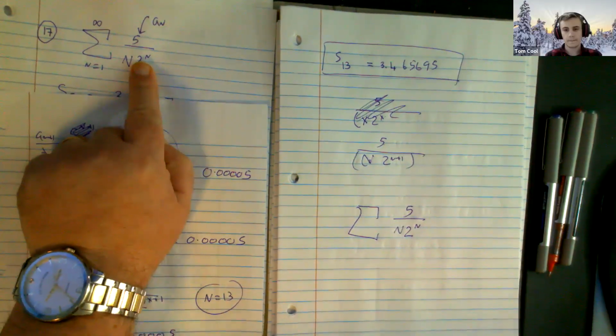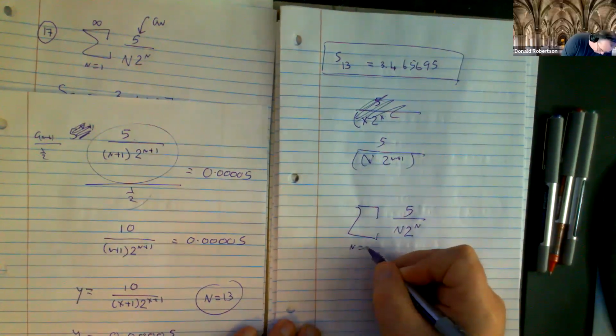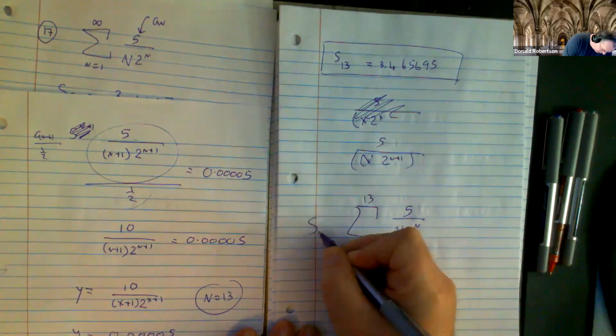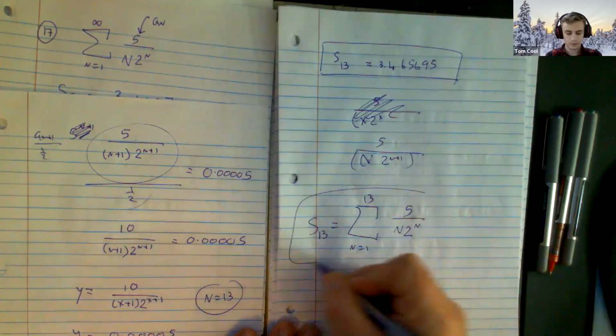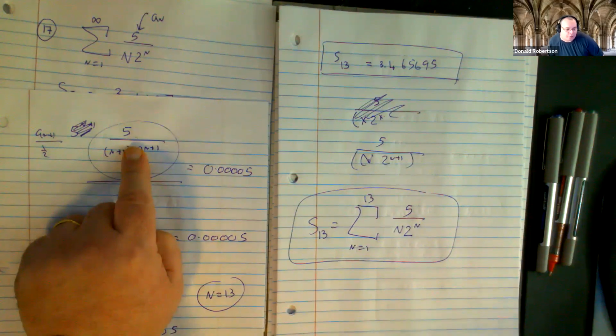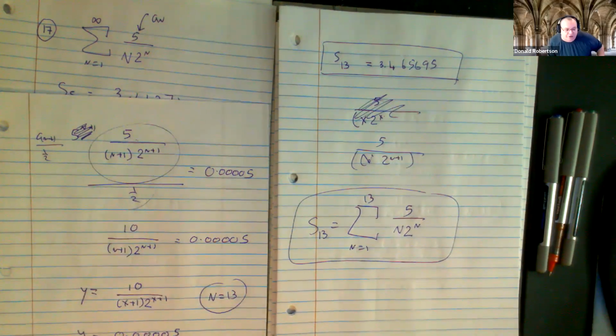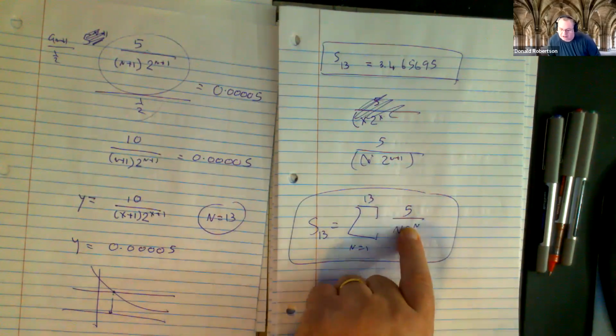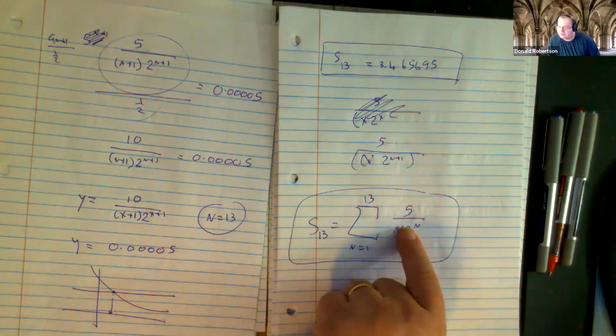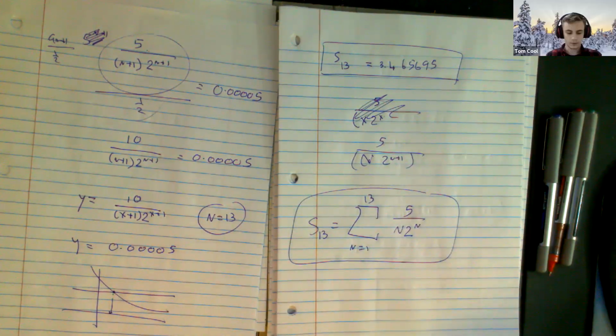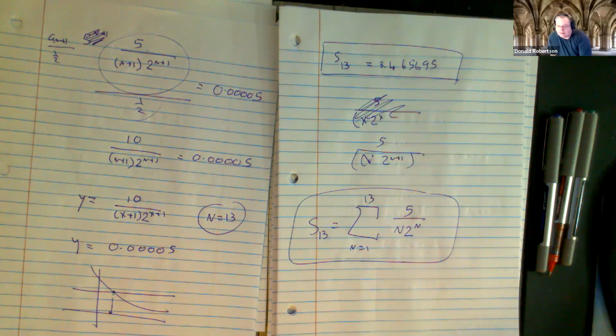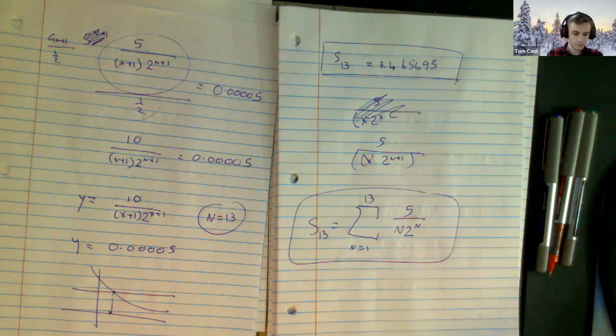That's the guy that you're going to do n equals 1 to 13 to get S of 13. You were using the n plus 1 formula, which we needed for a different reason, but this is the n formula that we need now. See if this works. So I get 3.465695 if you keep going. Yeah. And that's the answer.